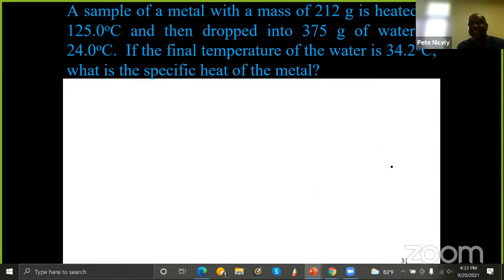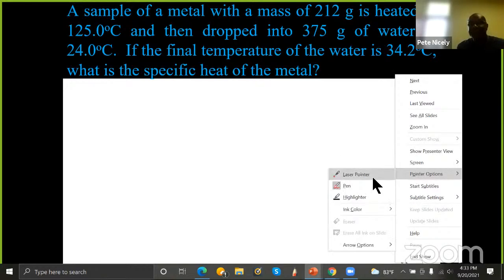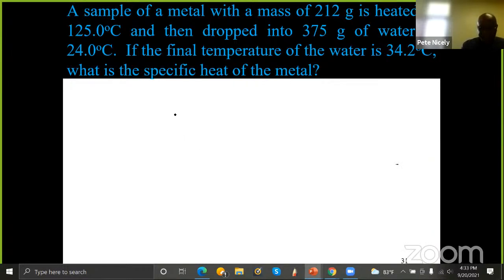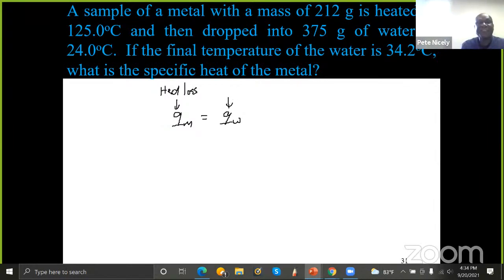And that relationship will be Q of the metal, I'm just going to put QM for the metal, equal to QW for the water. So QM is the amount of heat that is lost by the metal, heat loss, and QW would represent the amount of heat gained.